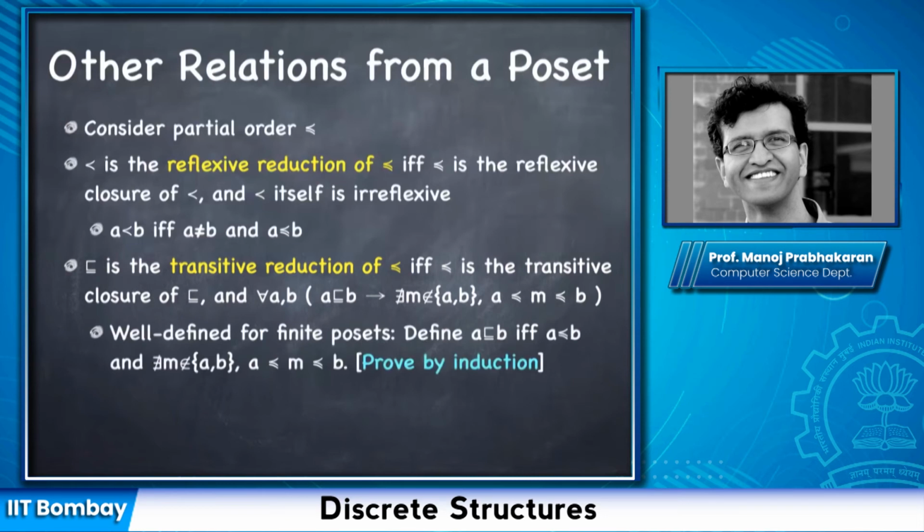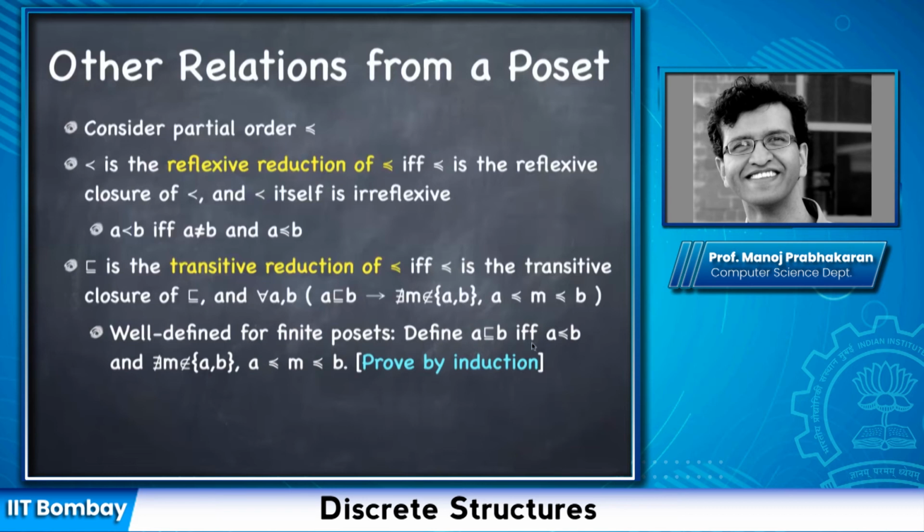Now, I defined it as the transitive reduction. It's not clear it's unique, but actually there's something you can prove, that if there is a transitive reduction, it's unique, but it's not even clear if it exists. However, for finite posets, you can show that it exists. In fact, just define the relation using this condition here.